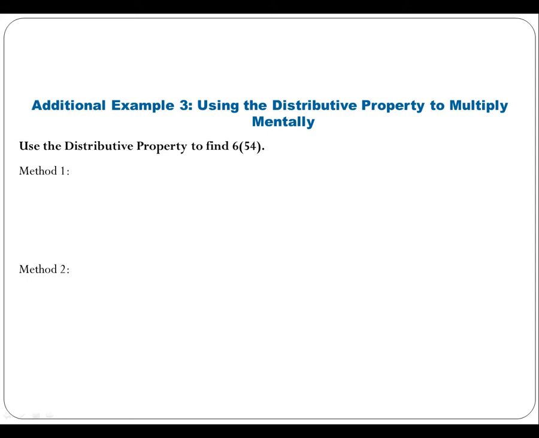So additional example 3, let's see here. Is that one on there? Yes. 6 times 54. Okay, good. So using the distributive property, we have 6 times 54, and right now we are back onto your page, so if you zoned out for a bit there, we're back with it. So 6 times 54.